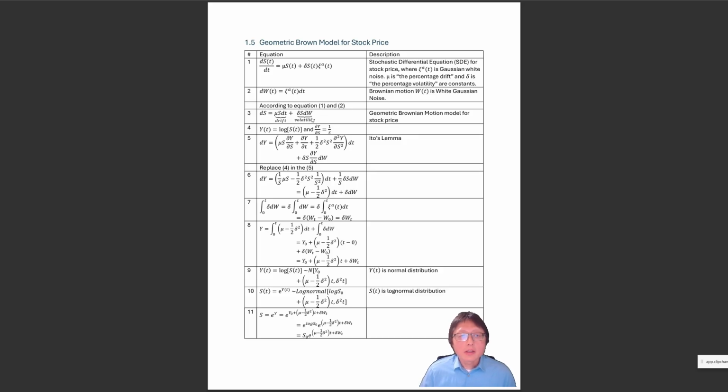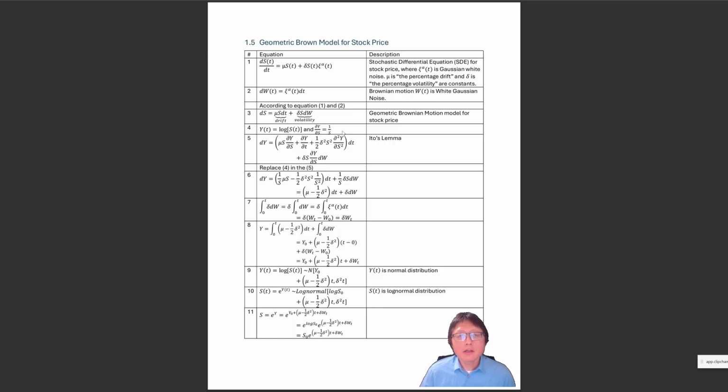So now let's look at step 4. Step 4 is a very good idea to solve this simple stochastic differential equation. So the transformation is done. Basically we let y equal to the log of the stock price. If this formula holds, we know that the derivative of y with respect to S is 1 over S, and some other relationships.